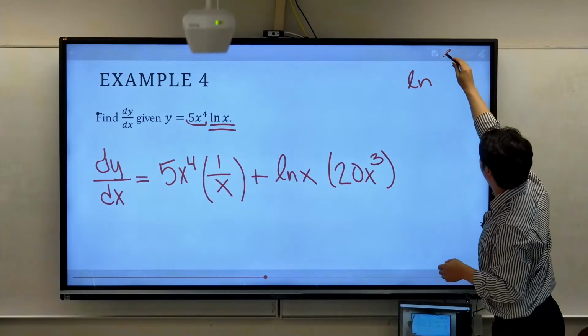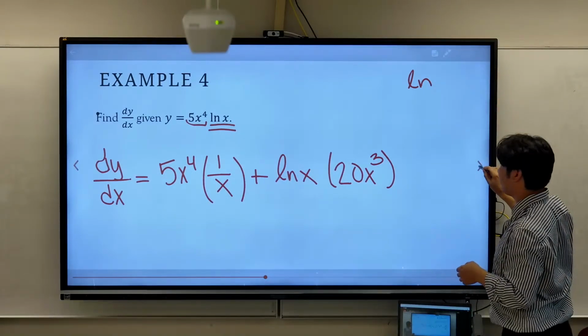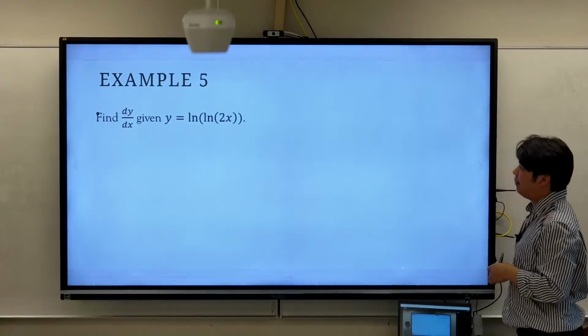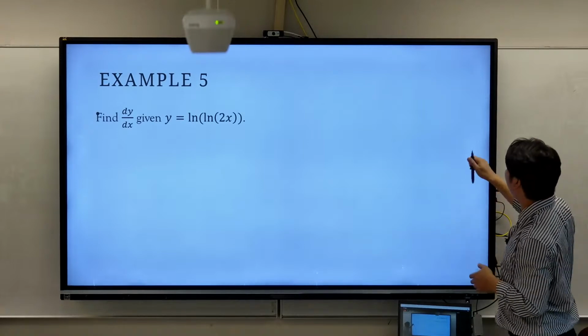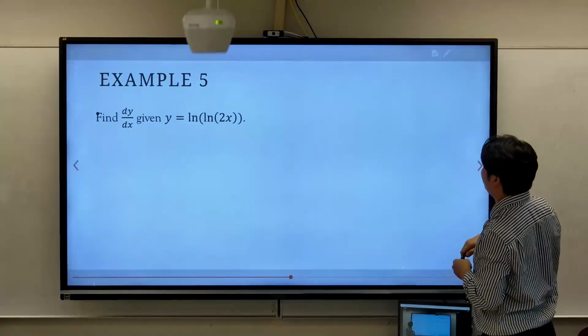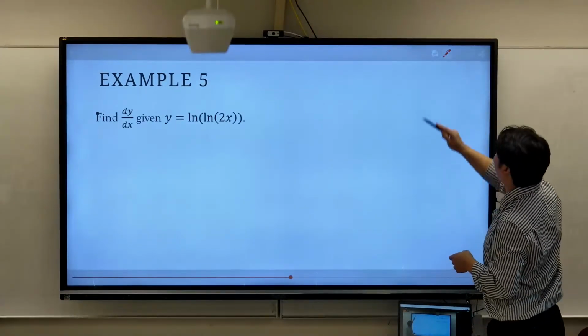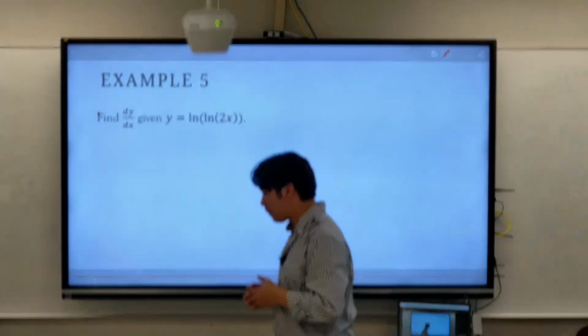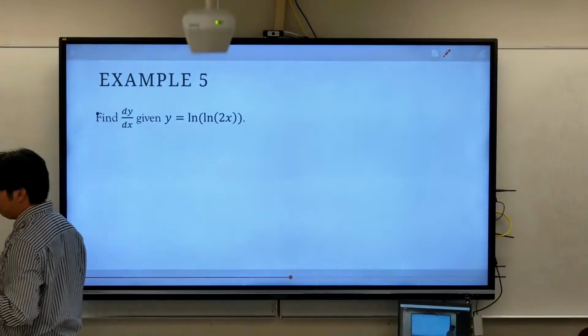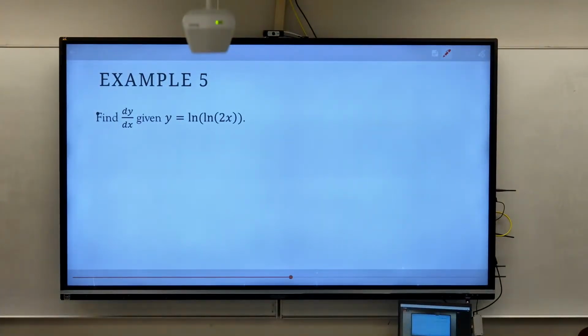All right, so moving forth. Great, let's do dy dx, the derivative, if I know that I have y is equal to the natural log of 2x. So I'll state the obvious in saying that we need the derivative of a log function.